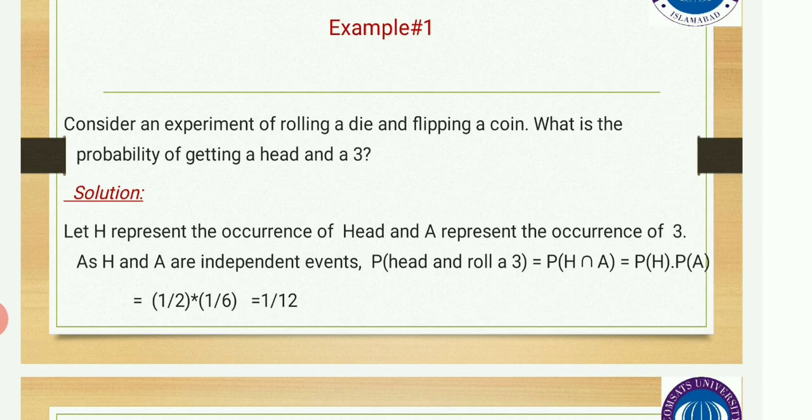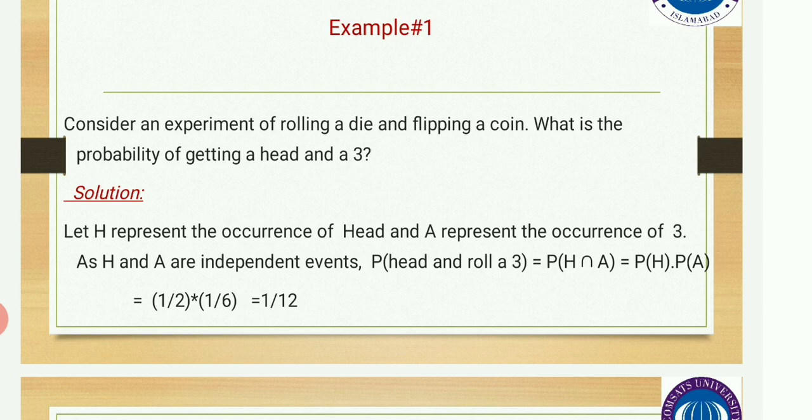So we can write that probability of H intersection A will be equal to probability of A times probability of H, where H represents the occurrence of head in tossing a coin, so its probability will be 1 by 2.